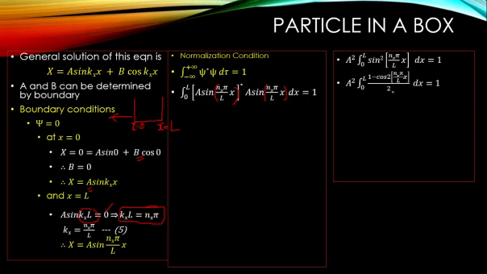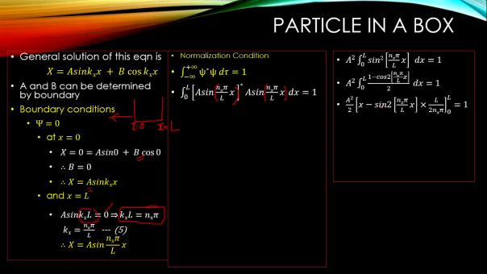So now it is easier to integrate. If you integrate, A square by 2, 2 is a constant, we have taken it out. And what is the integral of 1? We are integrating with respect to x. So integral of 1 is x minus, what is the integral of cos? Cos is sine.